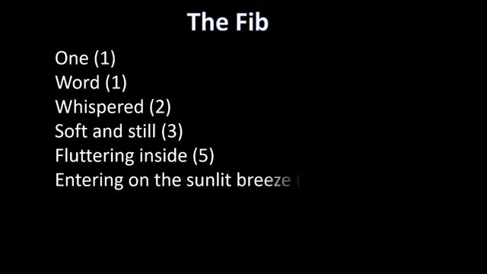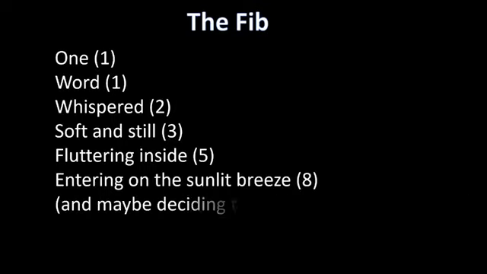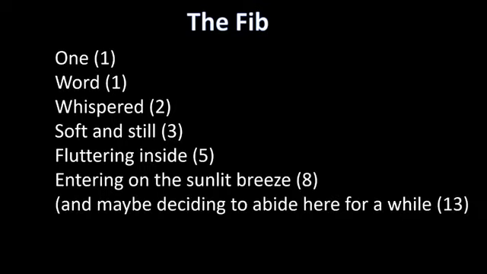So: One word, whispered, soft and still, fluttering inside, entering on the sunlit breeze, and maybe deciding to abide here for a while. It's a simple form, but that long final line can give it some punch.